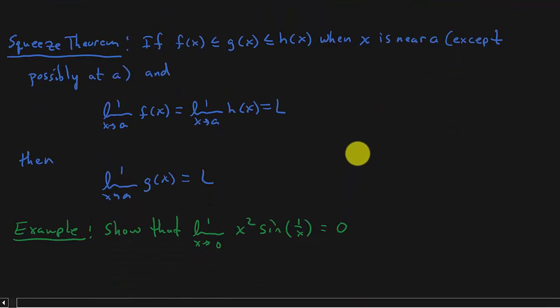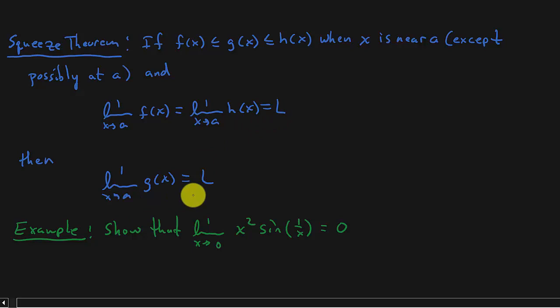So the squeeze theorem is if f of x is less than or equal to g of x, which is less than or equal to h of x. So in other words, they're saying g of x is in between f of x and h of x, when x is near a, except possibly at a, and the limit of f of x and the limit of h of x are both equal to L, then the limit of g of x is equal to L.